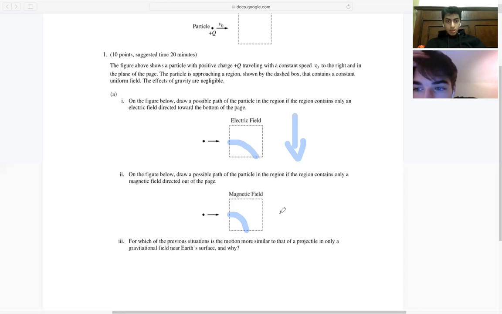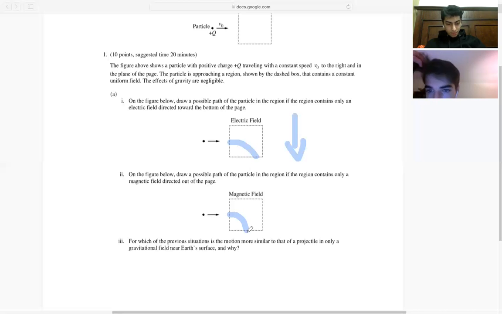So for which of the previous situations is the motion more similar to that of a projectile in only a gravitational field near Earth's surface, and why? The particle in the electric field goes more towards the end, but once the magnetic field is pointing out of the page, it stops near the half.